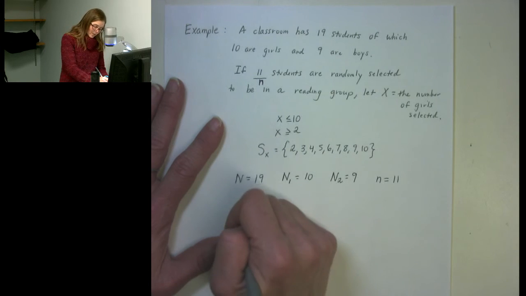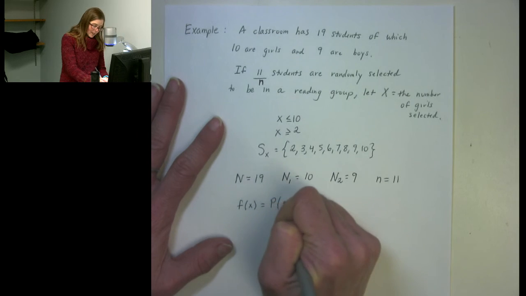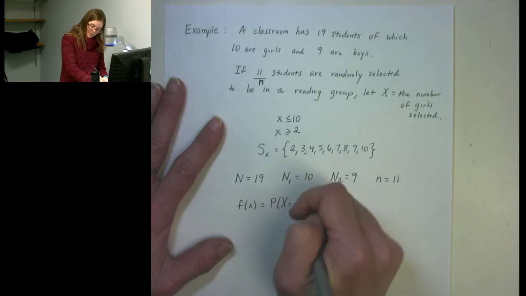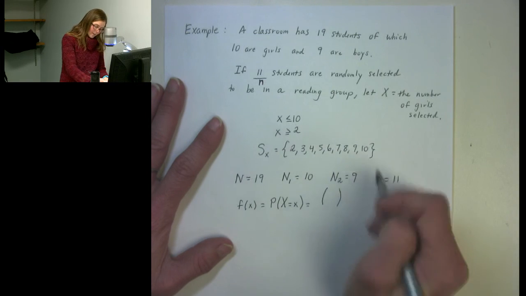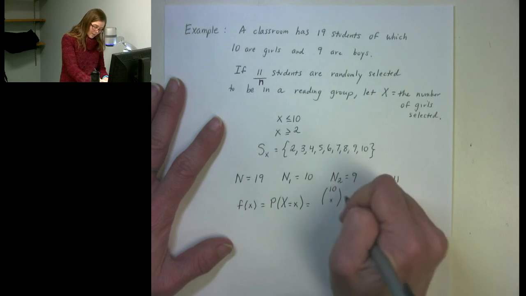And so if I want to find my probability mass function, f of x, which is going to give me the probability that the number of girls selected takes on the value little x, it's going to be: I've got 10 girls from which I'm choosing x of them.